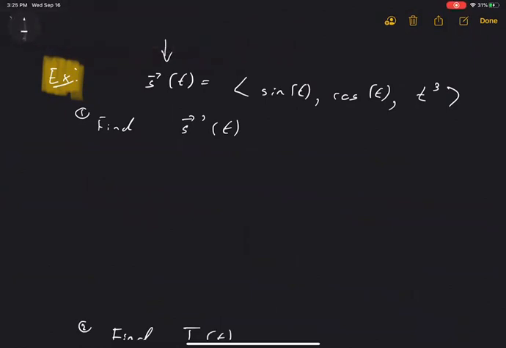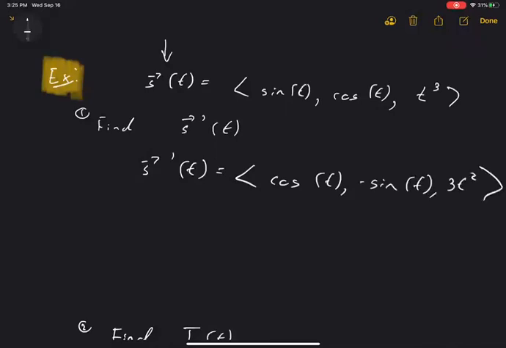Okay, what's s prime of t? Well, remember, to find s prime of t, I just take the derivative inside the vector using my normal rules of differentiation. So that's my s prime of t.